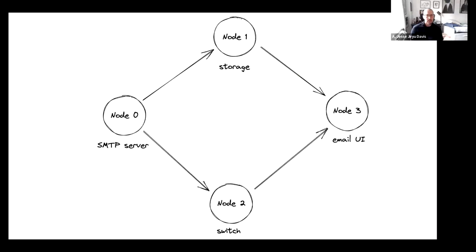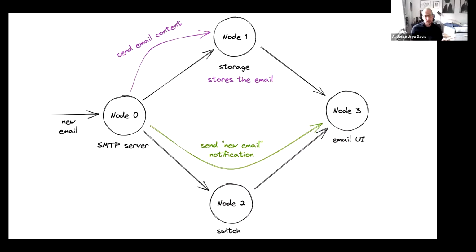One is an SMTP server, so let's say it receives emails, and it's connected to a storage node. So when it gets an email, it sends the email content to the storage node, which stores the email. Concurrently, without waiting for an ACK, it also sends a new email notification via a switch to an email UI server, which is displaying some Gmail kind of UI.